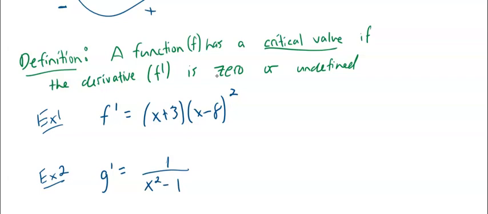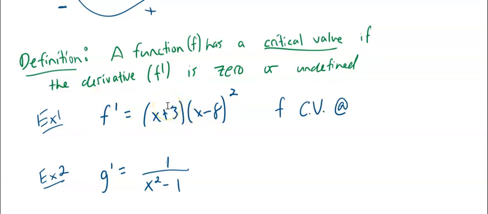So let's look at the first example first. Notice I said if f prime is 0, then f has a critical value, right? So here I'm giving you f prime. You don't even need to take the derivative. But f itself has a critical value at the two spots that make this thing equal to 0.